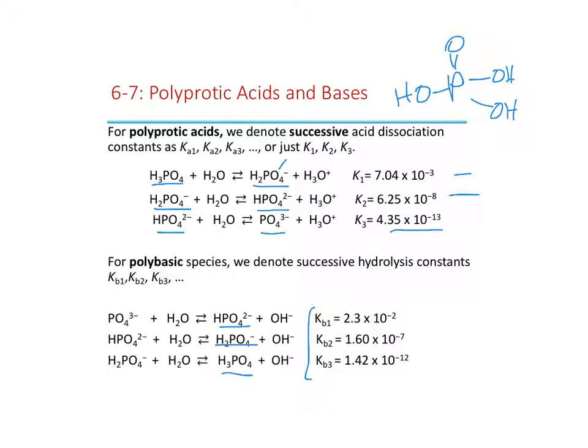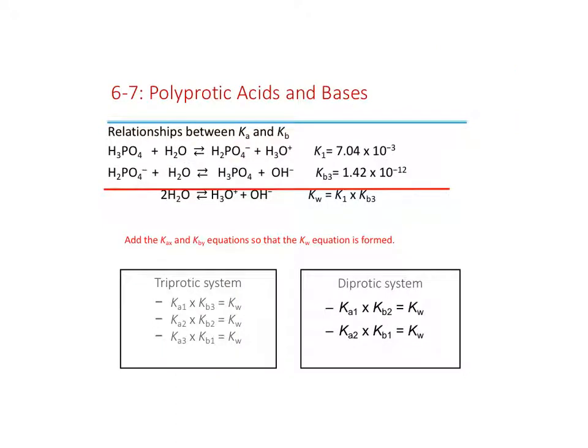And since the product of the first dissociation here is the one in the bottom, we would say that, let's see, it's right here. H3PO4 dissociates to form H2PO4 minus, but also in a separate step, H2PO4 minus reacts with protons to form H3PO4.